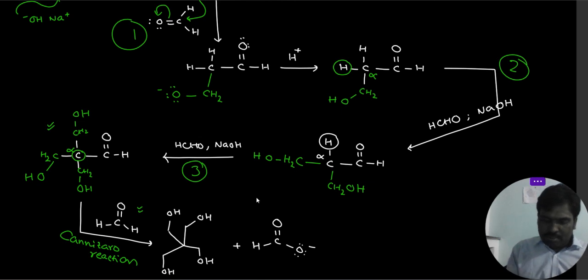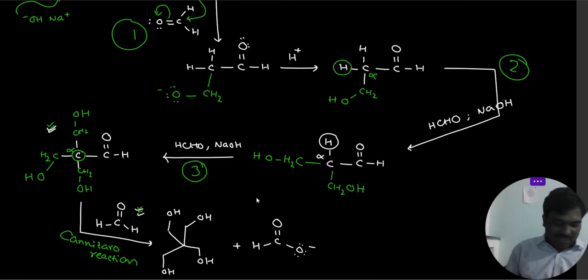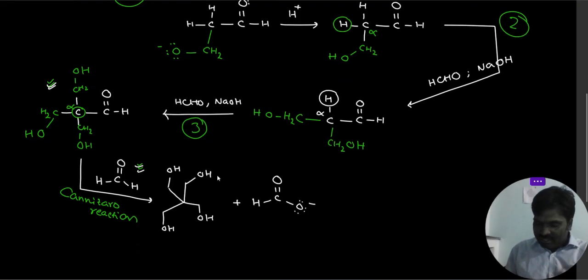So the bulky aldehyde is reduced and the simple aldehyde is oxidized, because the simple aldehyde is involved in nucleophilic addition. Then hydride ion transfer takes place from formaldehyde to that bulky aldehyde. Clear everyone? So this reduced product is called pentaerythritol. Its name is pentaerythritol.